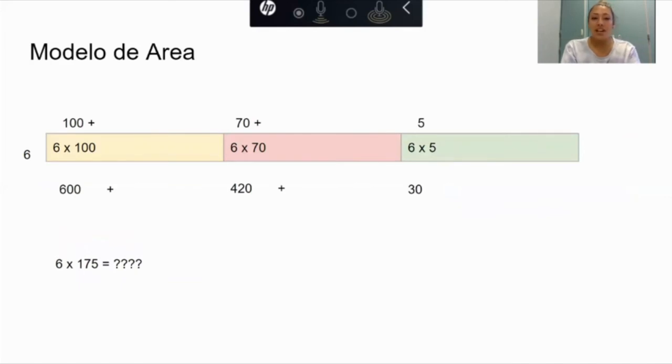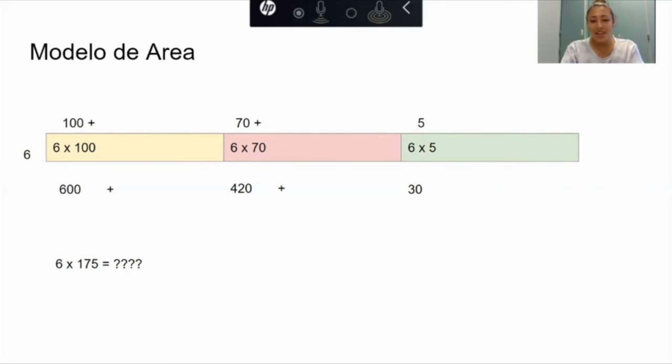Aquí voy a mostrar cómo usar el modelo de área para encontrar la respuesta a 6 multiplicado por 175. Toma un momento para copiar este modelo de área en sus notas. Vamos a usarlo para hallar la respuesta a este problema de multiplicación. ¿Están listos?